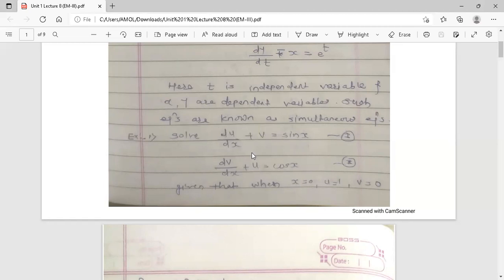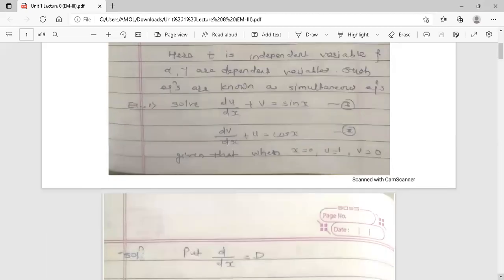We solve them simultaneously, given that when x is equal to 0, u is 1 and v is 0. These initial conditions are given. Using initial conditions, we can remove the arbitrary constants. After finding the general solution for these simultaneous differential equations, we will discuss these initial conditions. Now, how to solve these simultaneous differential equations?